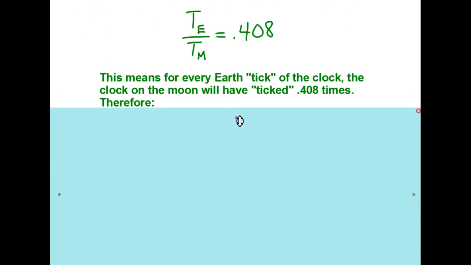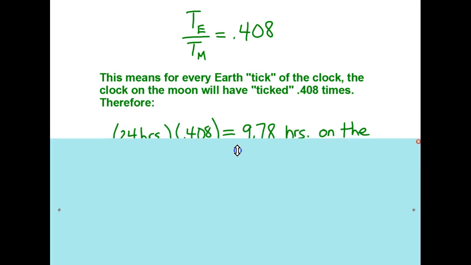That means for every Earth tick of the clock, the clock on the moon will have ticked 0.408 times. Now, why is this? That's because gravity does not restore the pendulum back to equilibrium as quickly on the moon as it does on the Earth. So it takes more time on the moon to get one complete oscillation than it does on the Earth.